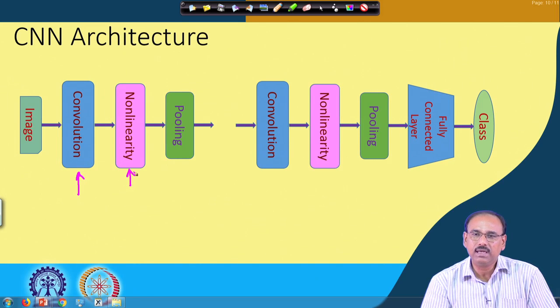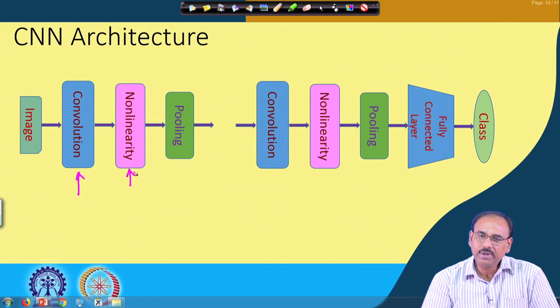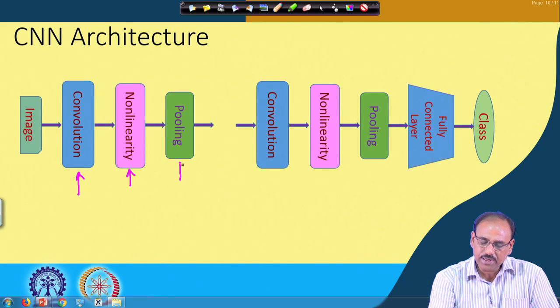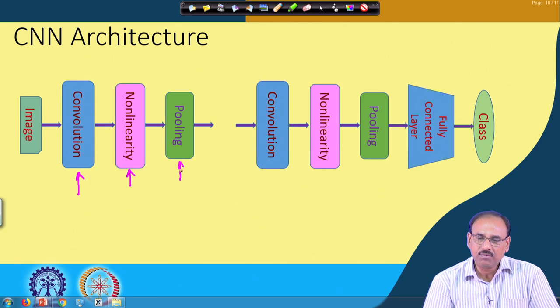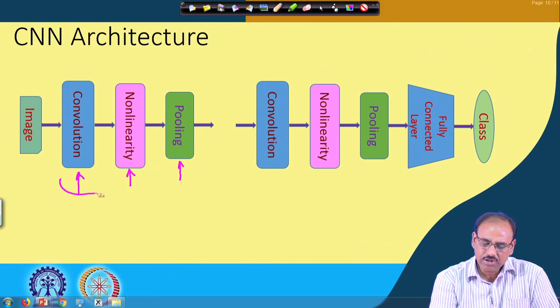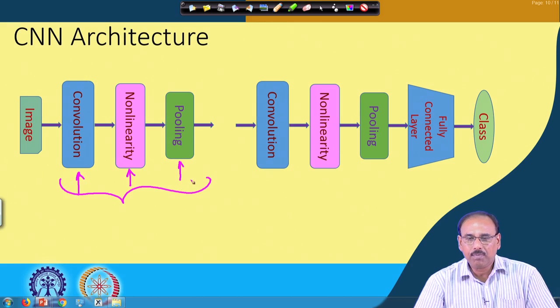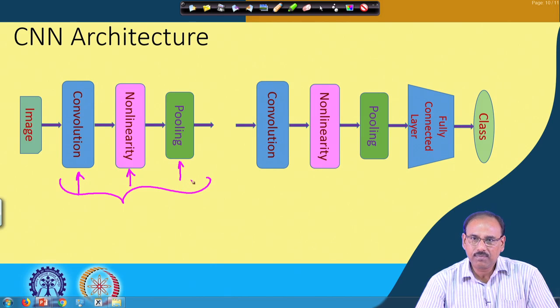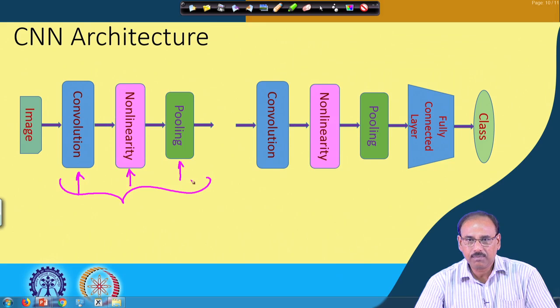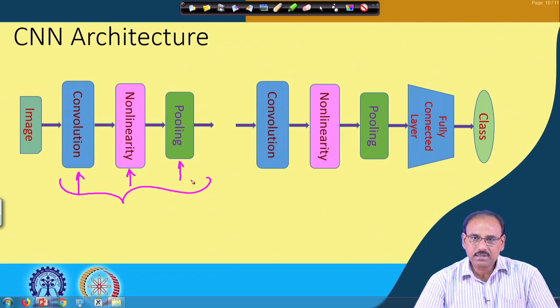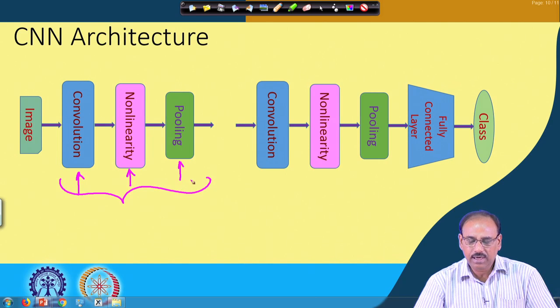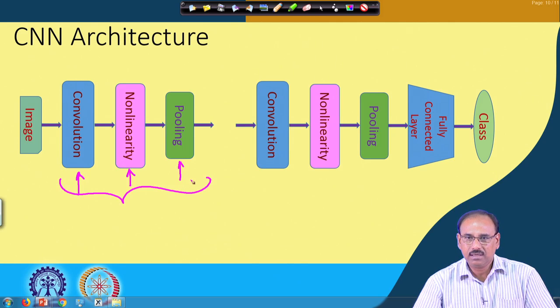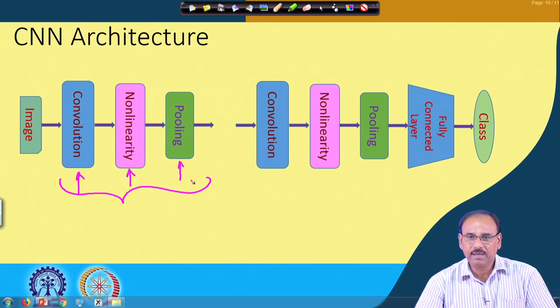And along with nonlinearity, it also performs an operation, pooling. So, the convolution layer actually performs all these three operations one after another. You have the convolution layer followed by nonlinearity, then you have the pooling layer. And in a typical CNN architecture, these triplets, that is convolution, nonlinearity and pooling, are stacked one after another. How many such triplets are stacked together determines the depth of the network.